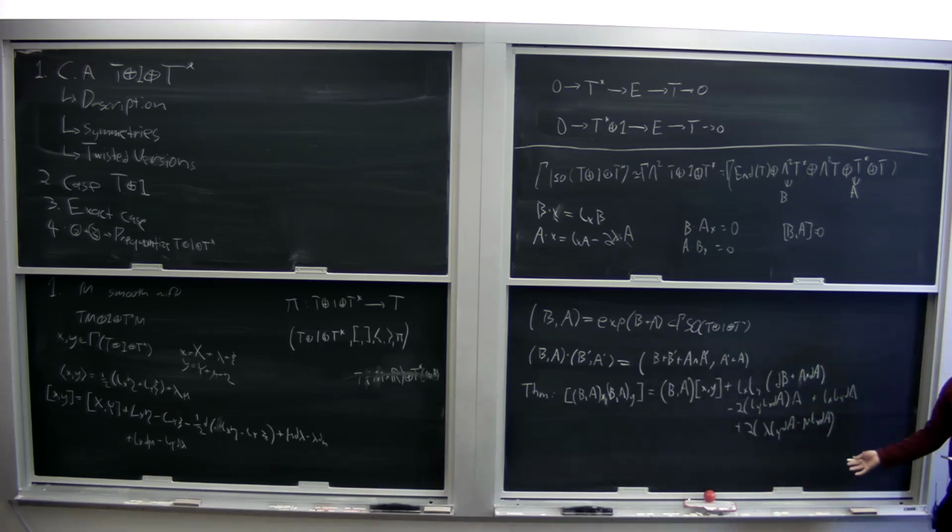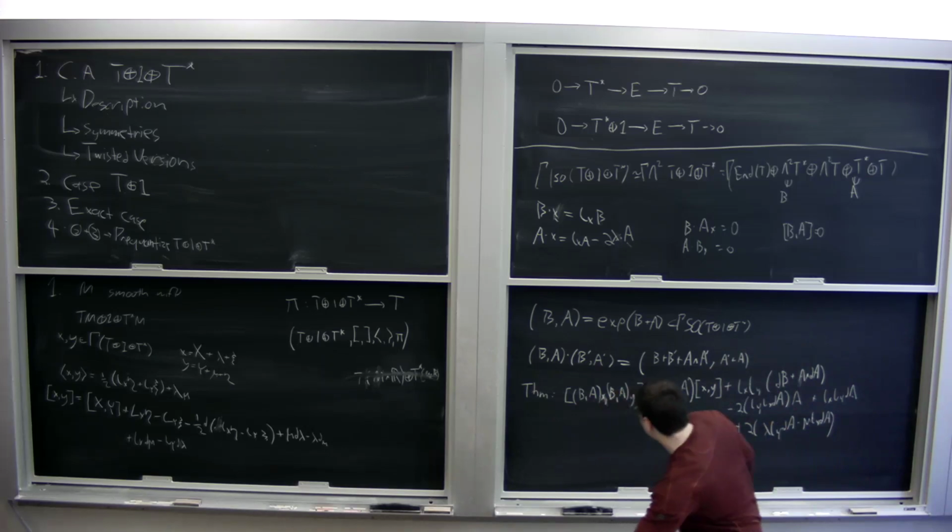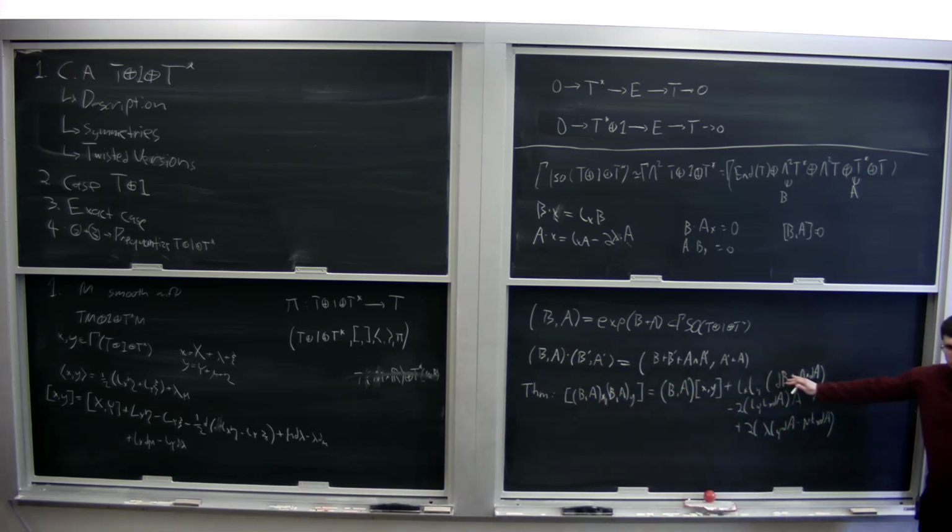So this is a really long expression, and all I want you to get out of it is notice how every single one of these terms in the second part of this expression depends on dA or dB.